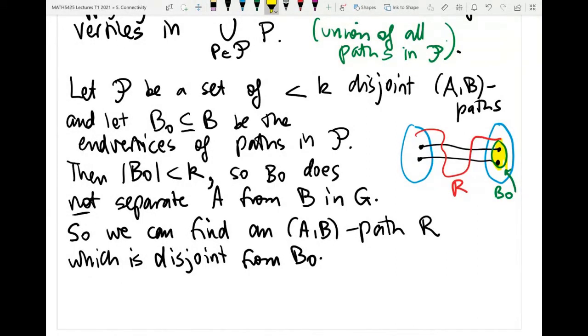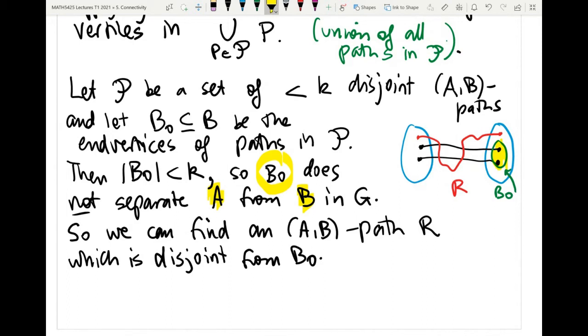It's not necessarily disjoint from all the paths in P, as I've shown in this picture, but it definitely gives me a new vertex in B. Not separating A from B. Maybe I just said the wrong thing and wrote the right thing. So B naught does not separate A from B in G, which means after we delete this set B naught, there's still a path from A to the rest of B. That does sometimes happen, that I say and write different things.